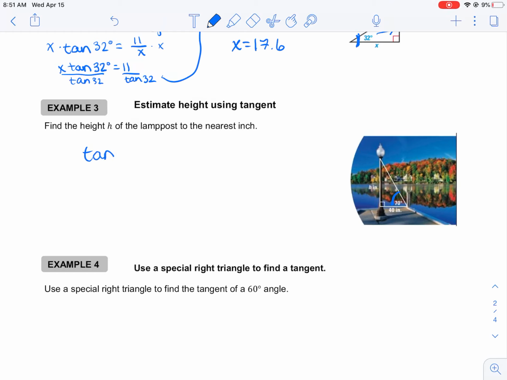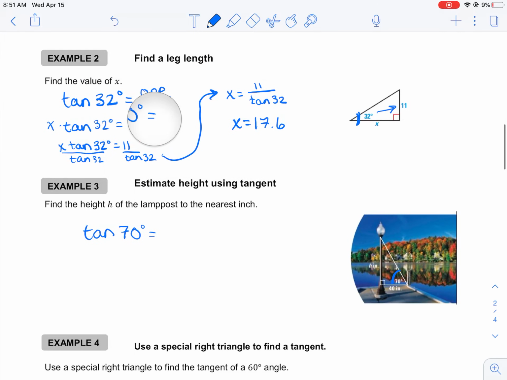So we would say that the tangent of 70 degrees is equal to our opposite side, which in this case is h, over 40, which is our adjacent. So to solve for h in this case, it's only one step. We can just multiply both sides by 40. So we have 40 times tangent of 70 equals h.